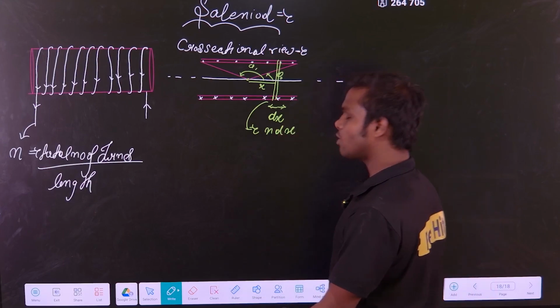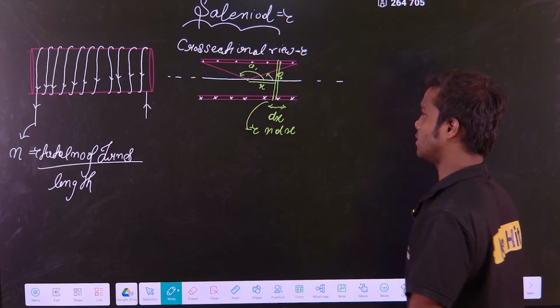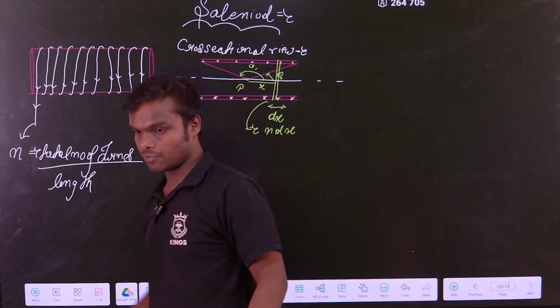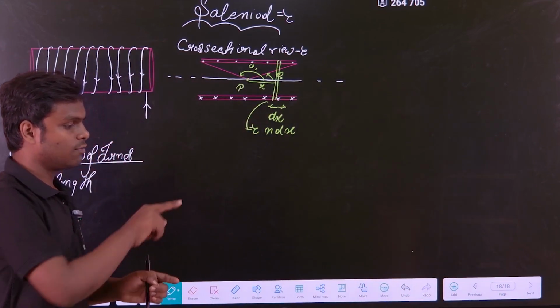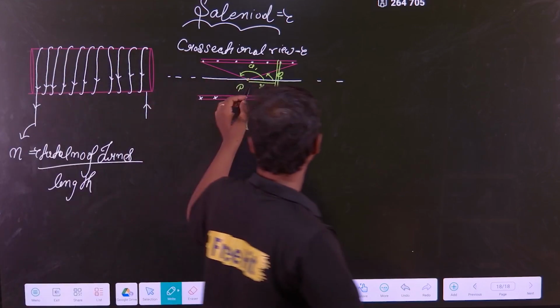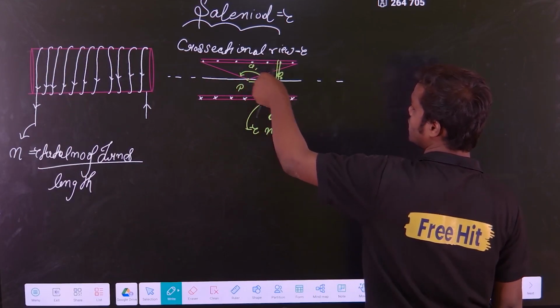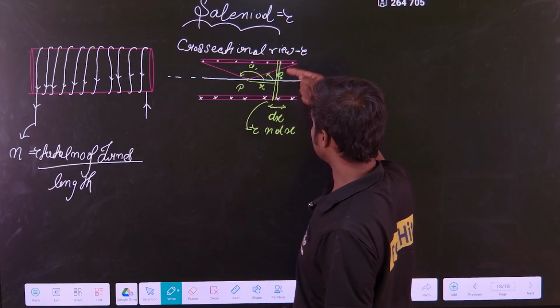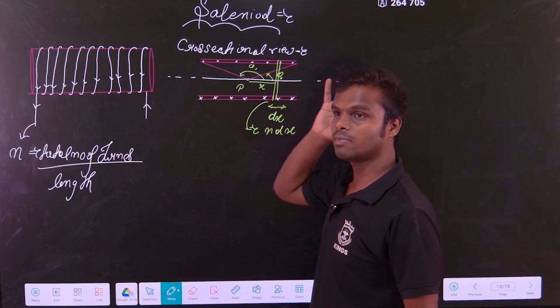Now our aim is to find the magnetic field at this point P. We have cut a small ring, and at the axis we want to calculate the magnetic field.